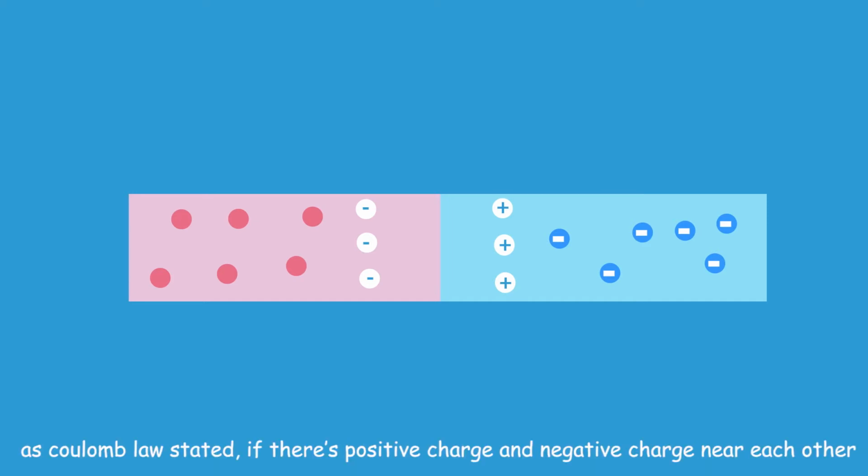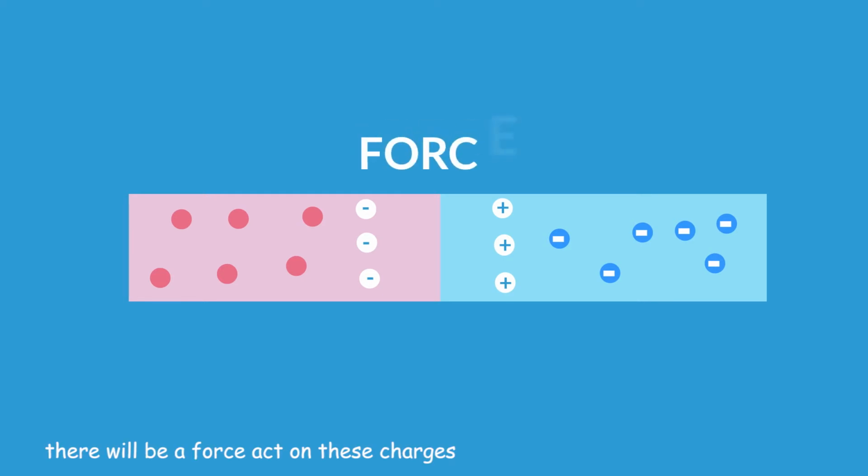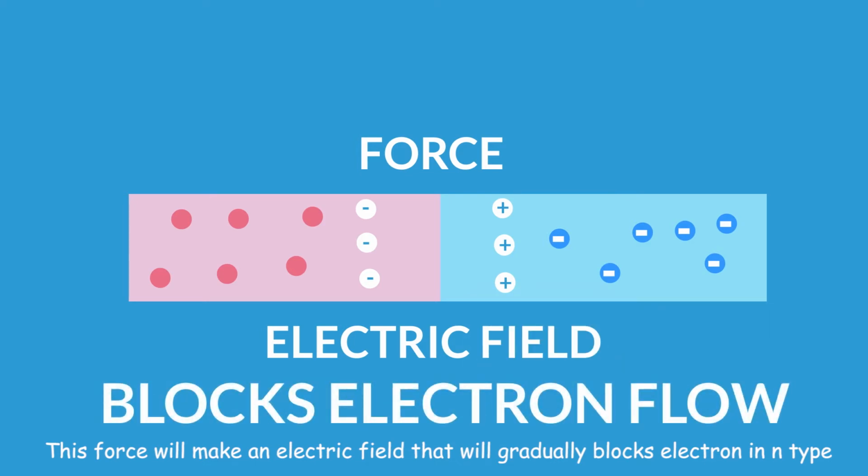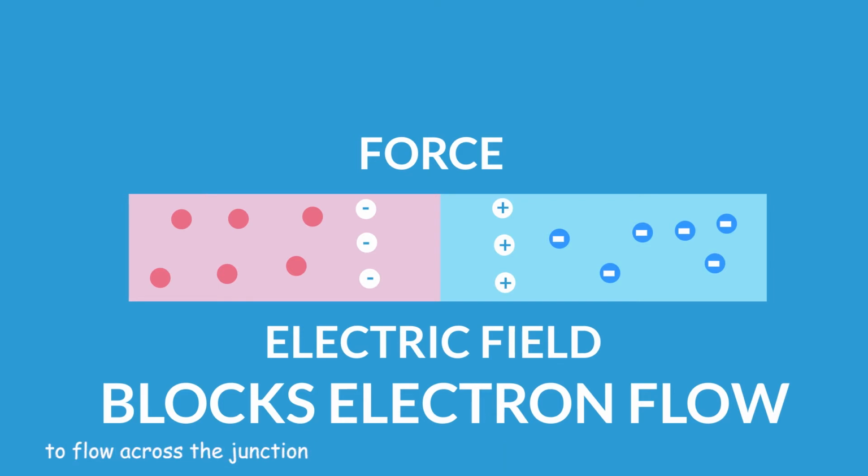As Coulomb's law states, if there is a positive charge and a negative charge near each other, a force acts on these charges. This force makes an electric field that will gradually block electrons in the n-type from flowing across the junction.